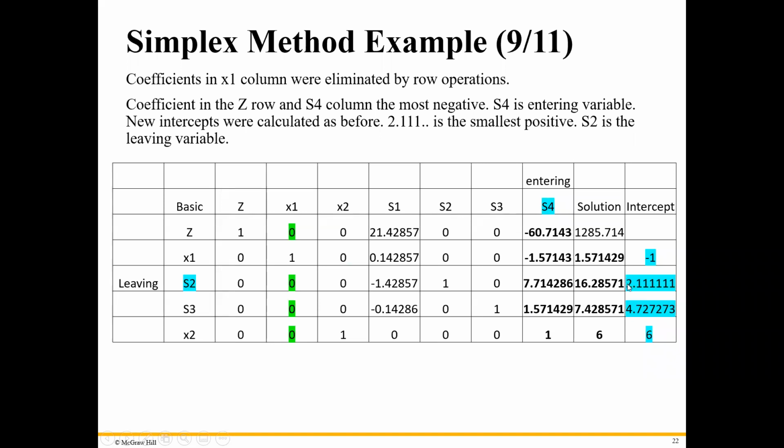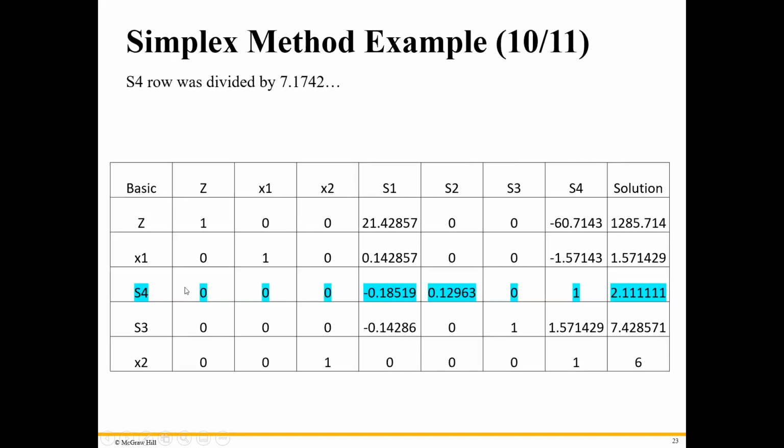Since it is 2.111, the corresponding variable S2 will become the leaving variable. So S2 will go out, S4 will come in. That is what I have shown over here.